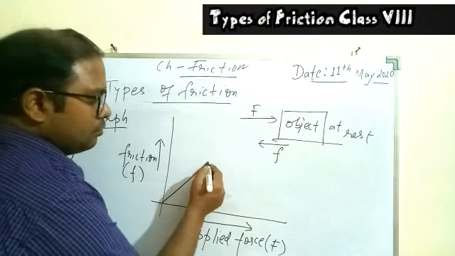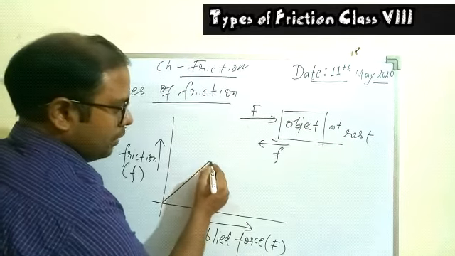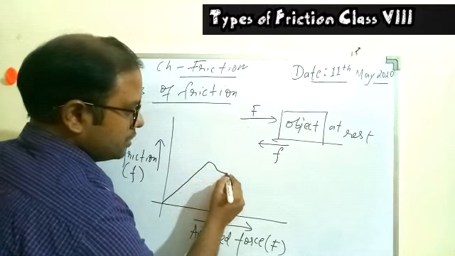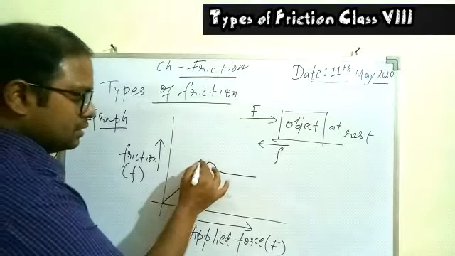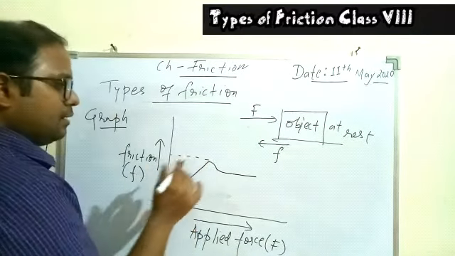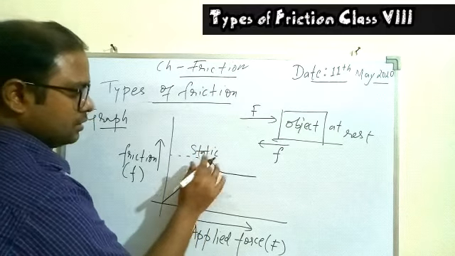But after a certain time it will become maximum, and then the object will start moving, and once it starts moving, what will happen? The friction will certainly drop. So till here we have static friction, till this point.